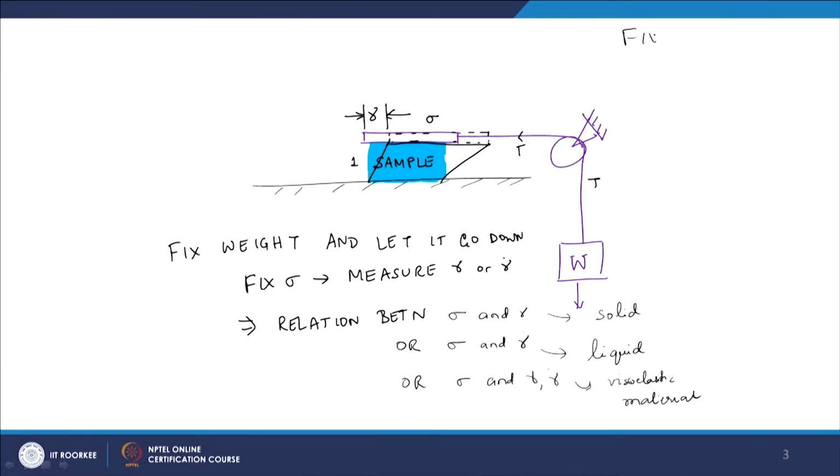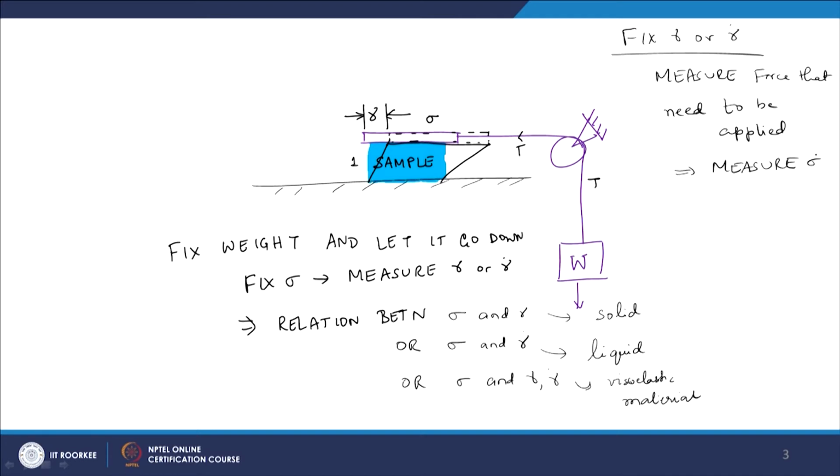So, we fix gamma or gamma dot, and we measure the amount of force that needs to be applied, that is essentially measuring sigma, and again the end result will be the same, that we will get a relation between sigma and gamma, or sigma and gamma dot, or maybe both. Okay. Now, this is the kind of setup we really want.